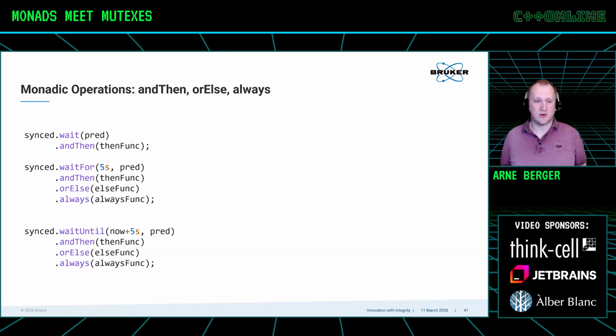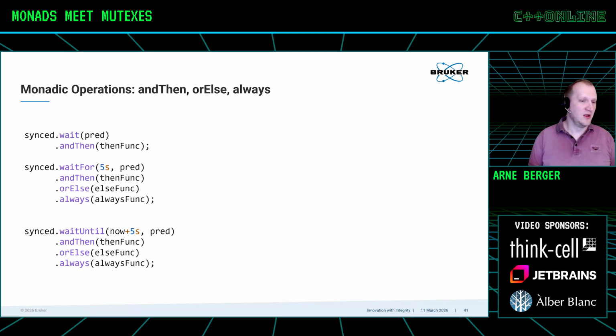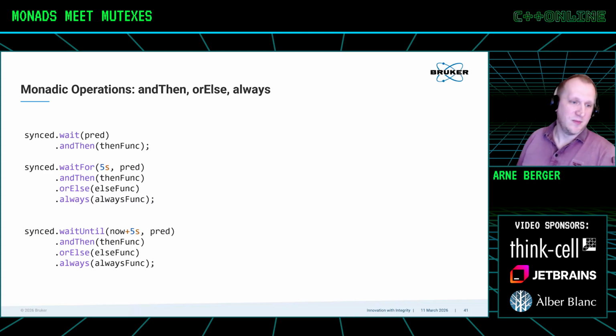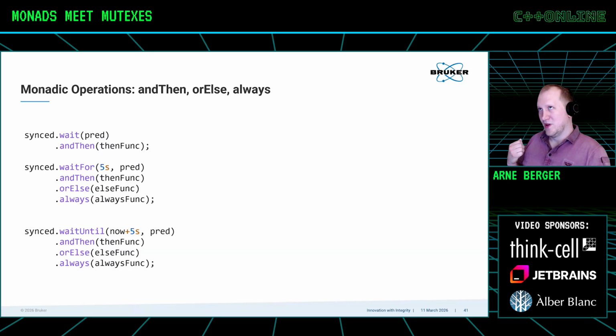And the cool thing here is, okay, in this order, it reads the same as the functions before, but here it's really optional. You could just reorder them, have two andThen functions, or leave some of them out, delete some of them. So you could really flexibly compose this thing. And that was my idea, what I wanted.